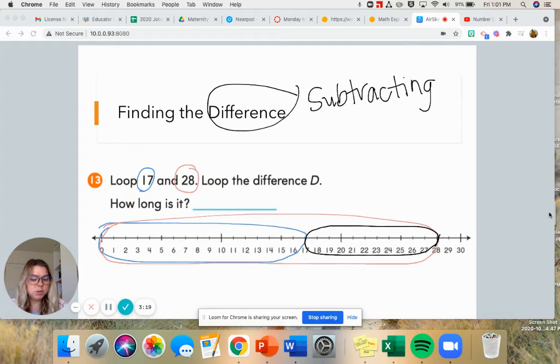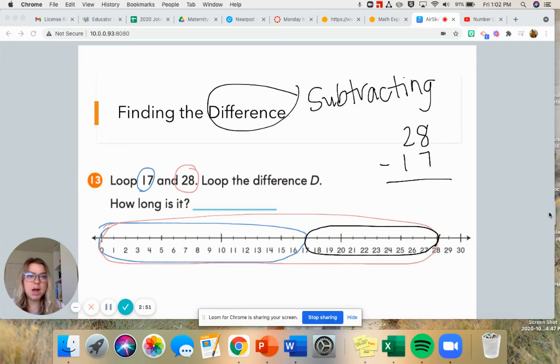So if I have 28, because that's our biggest number, and when we're subtracting, the biggest number goes first, and I subtract 17 from it, that will give us the difference. That will give us the distance right here between 28 and 17. This black loop represents how many steps, how many tick marks, the difference between 28 and 17.